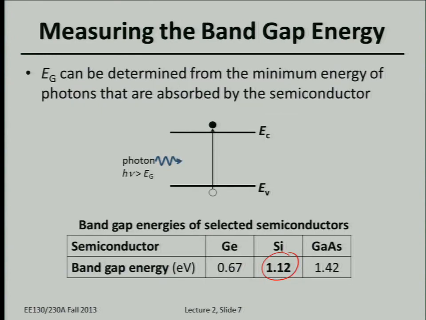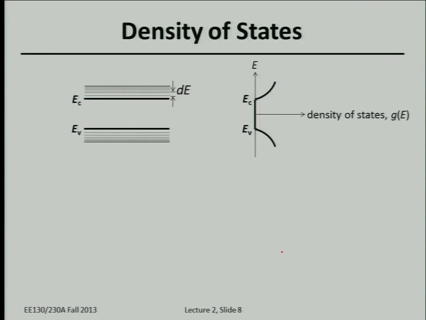We talked about bands of allowed energy levels. The question is, how closely spaced are those energy levels in those bands? It turns out the energy levels become more closely spaced as you go deeper into the bands. For the valence band, as you go lower in energy, the density of allowed energy states, the number of energy levels within a given range delta E, increases.